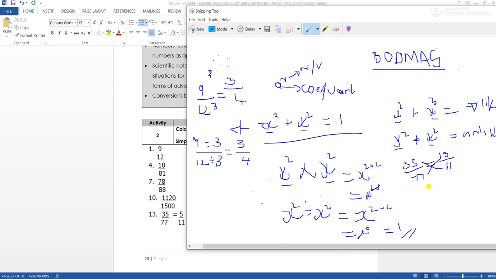When we do cross multiplication, 33 times 11 will give you 363 over 5 times 77. 5 times 77 will give you 385. So we need to find the number that is divisible into the two numbers. That will make it much easier, like the one we did with 9 and 12. So you'll use that. I won't continue any further.